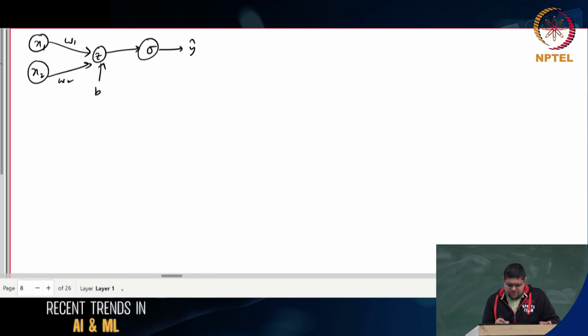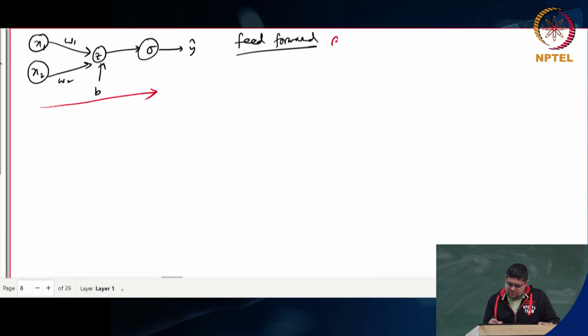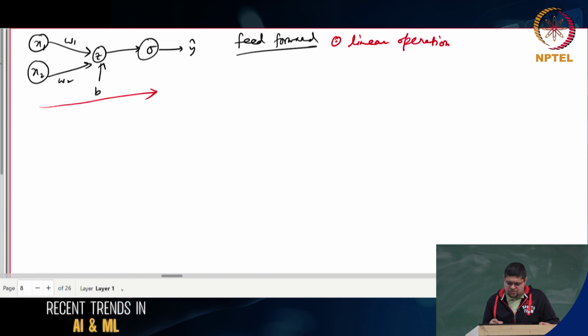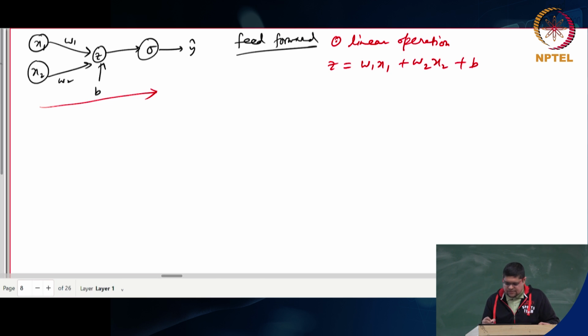One is feed forward. In feed forward, how will we go? We'll go in this way. Okay. So at first, we will perform some linear operation. In linear operation, z equals w1 x1 plus w2 x2 plus b.